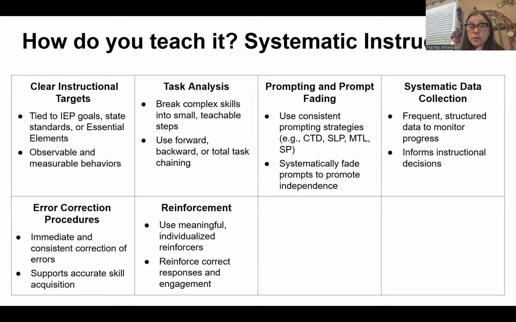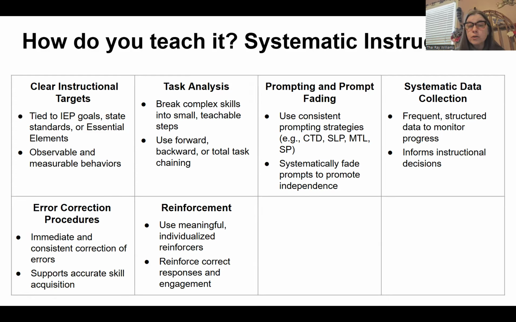We know that we're going to be using reinforcement, and that needs to be individualized to students. So often we fall into "good job" or even using behavior specific praise, but that doesn't work for all students. As a matter of fact, there are some cultures, and we want to make sure that we're thinking about our students who are culturally and linguistically diverse.